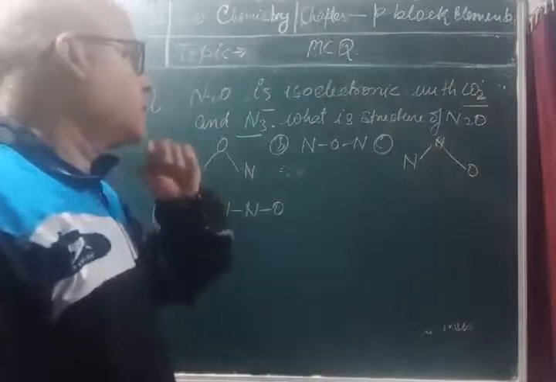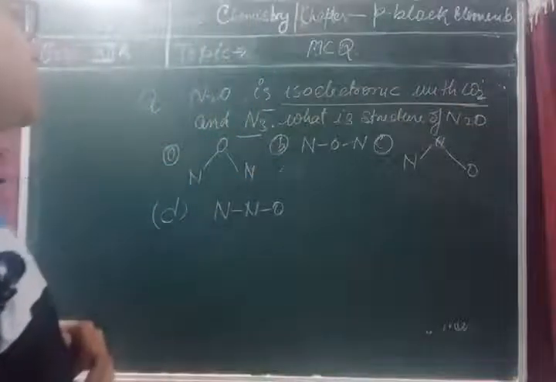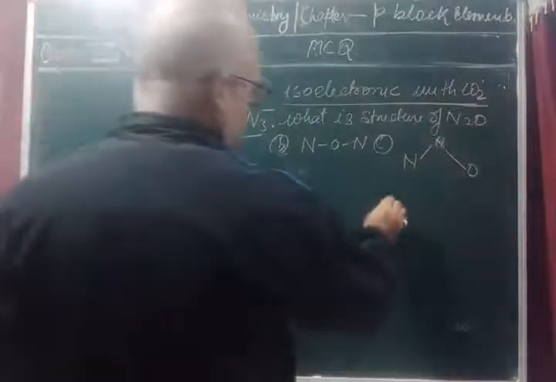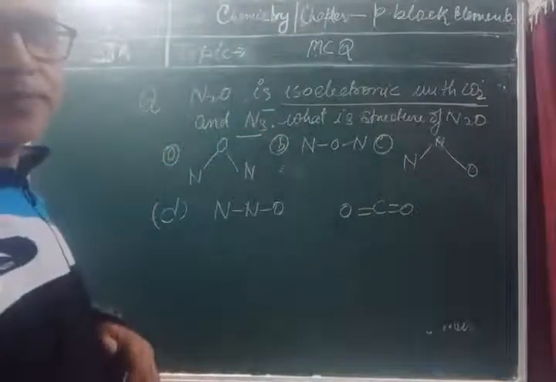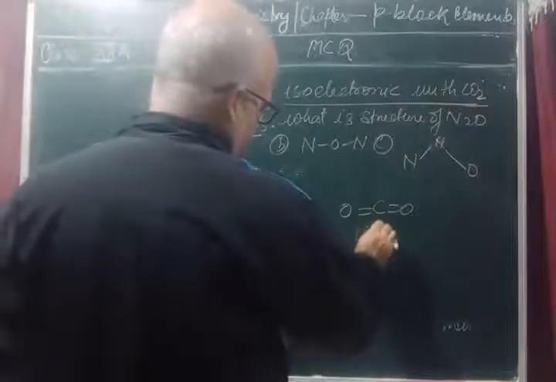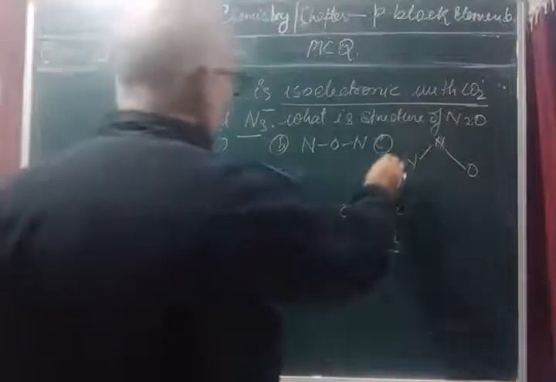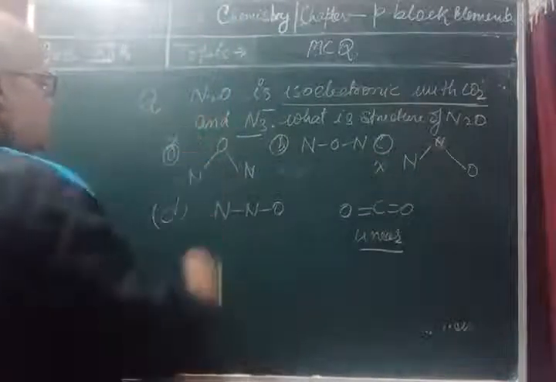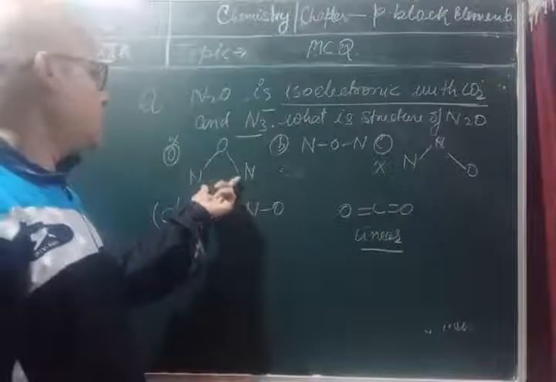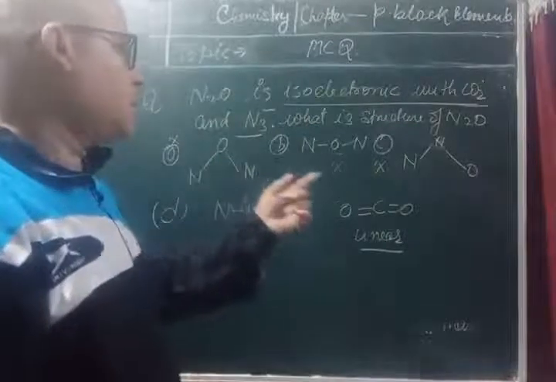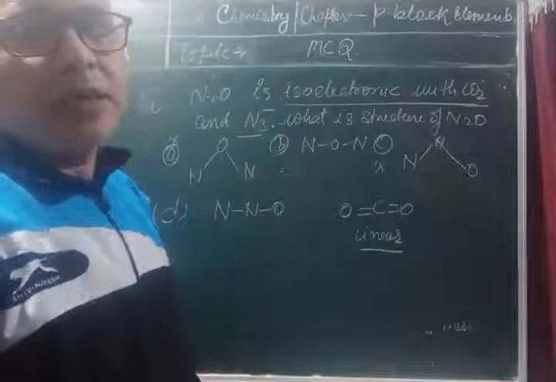Now see here, as you know, if it is isoelectronic with CO2, then the structure of carbon dioxide is this linear structure. Now these two options show an angle, therefore these two are wrong. These two options give the image of an angle, meaning they are bent structures, not linear like carbon dioxide.